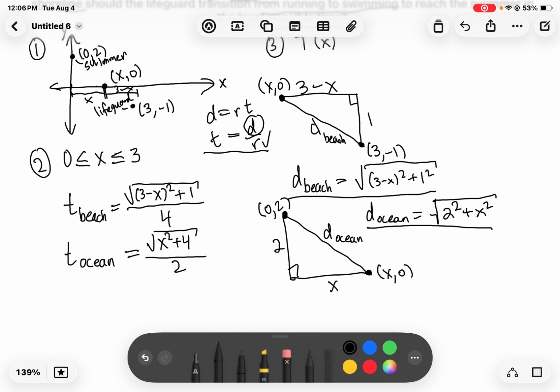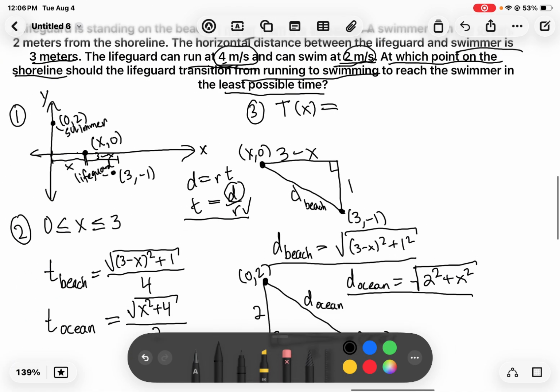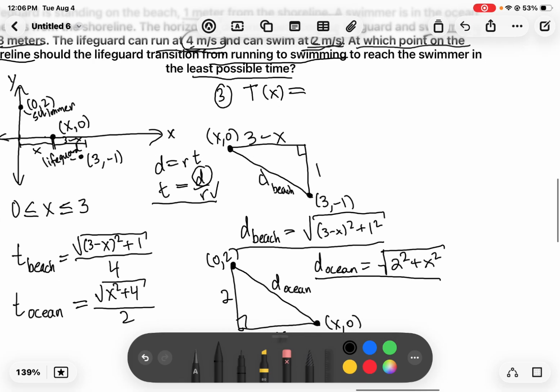Then our total time function, t of x, is equal to our time on the beach plus our time in the ocean. (3 minus x) squared and (x minus 3) squared are the same thing, so I'm just going to write this as the square root of (x minus 3) squared plus 1, all over 4, plus our time in the ocean, which is the square root of x squared plus 4, all over 2.